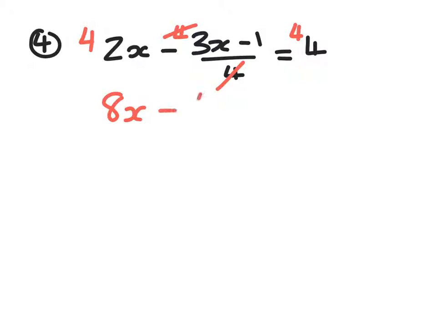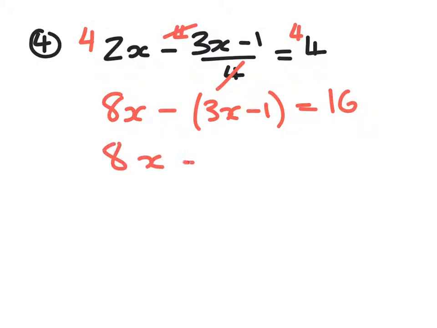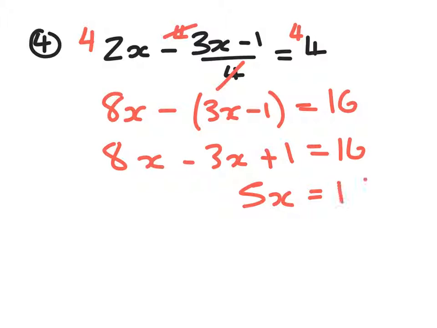So we're left with take away. Now we need to put the 3x minus 1 in brackets because it's on the top. And then 4 times 4 is 16. Removing the brackets gives us 8x minus 3x, add 1 equals 16. Tidying up gives us 5x is 15, so 1x must be 3. So check we can do this, guys.